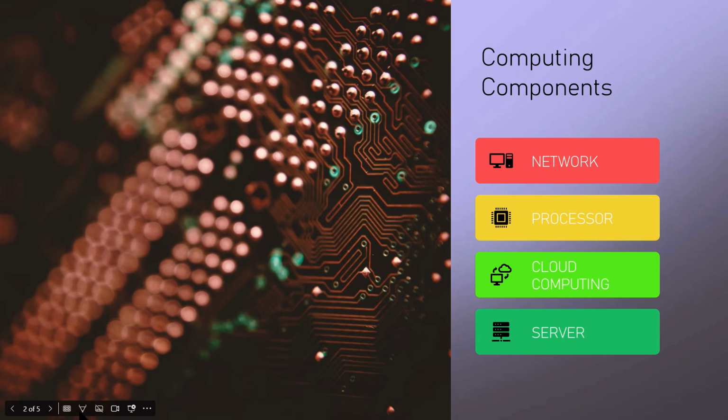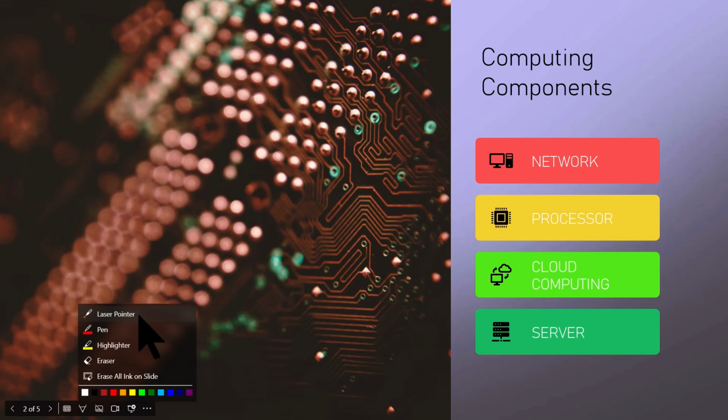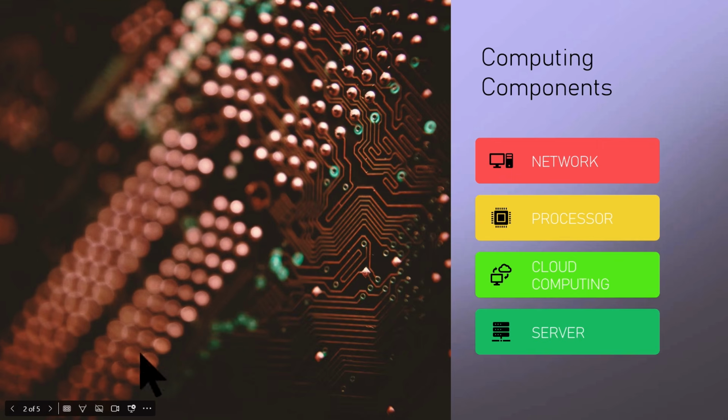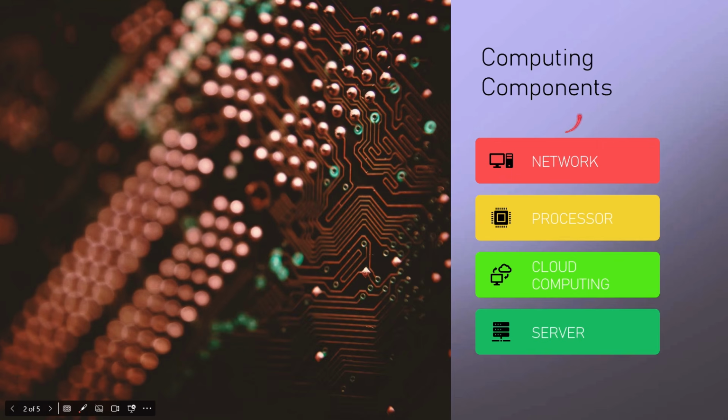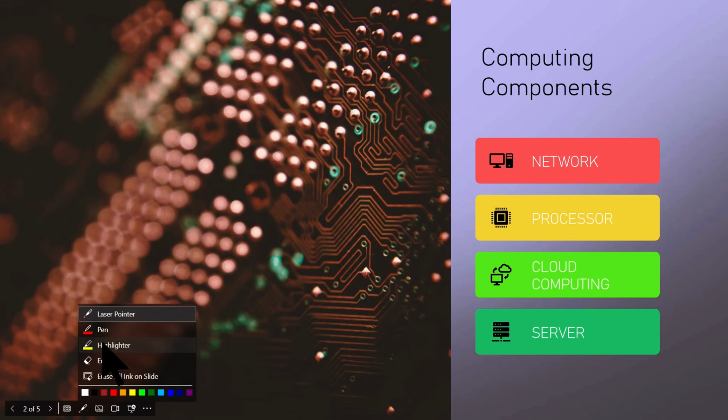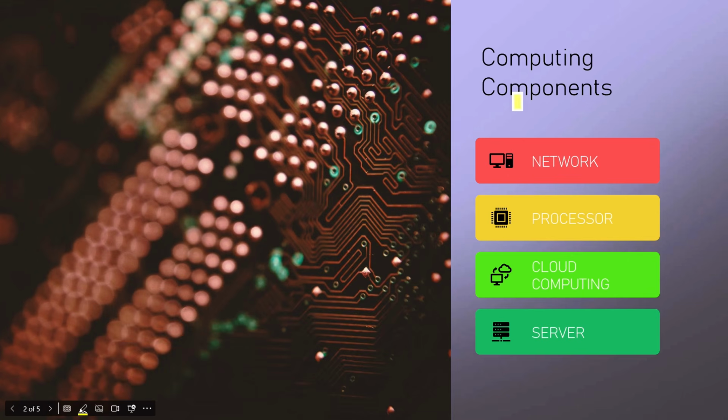The other tool is the drawing tool. So here's my laser pointer. Let's see. There we go. So there's my laser pointer that I can use. Or if I want to use the highlighter, I can go ahead and highlight right here on the screen just to bring focus and attention.